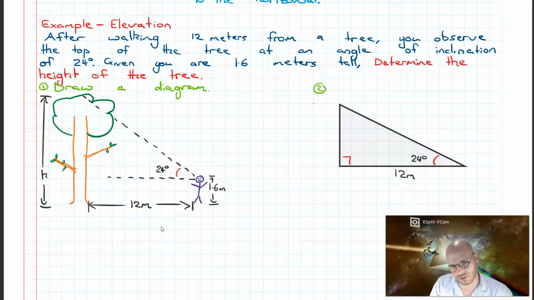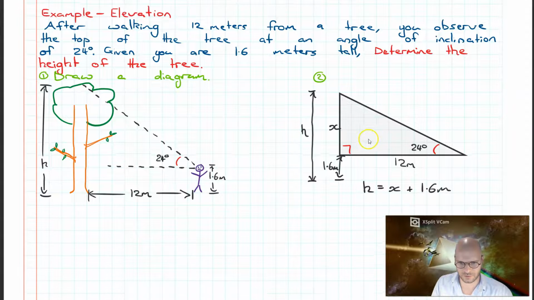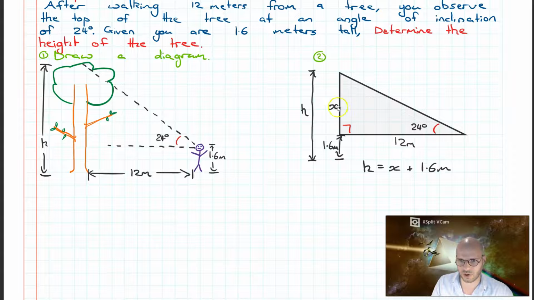So the height of the tree, that's going to be h, and therefore we've got 1.6 here, and then we've got an x, which is this side length over here. So in our case, h is going to equal x plus 1.6 meters. So what we need to do is we need to find the value of x over here.